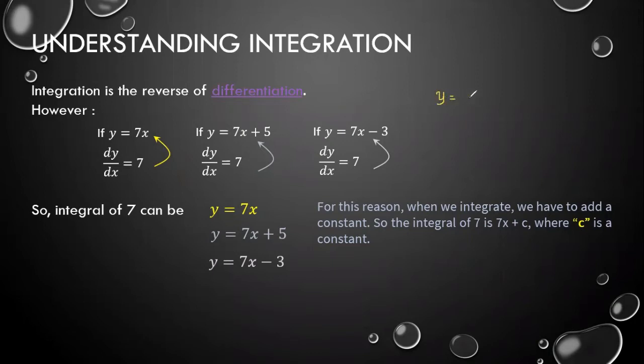y equals 7x. When we differentiate this function, dy over dx equals 7. We can simplify this by cross multiplying, so dy equals 7 dx.